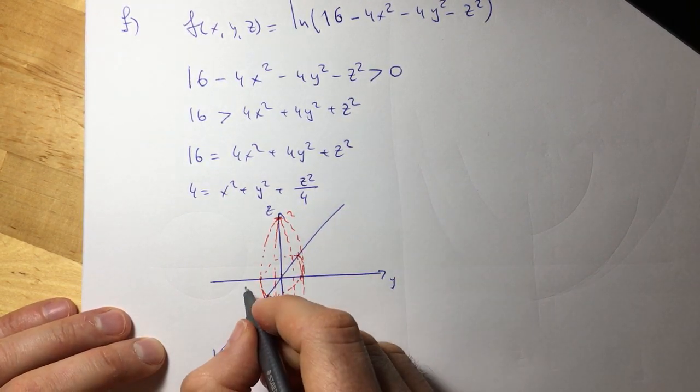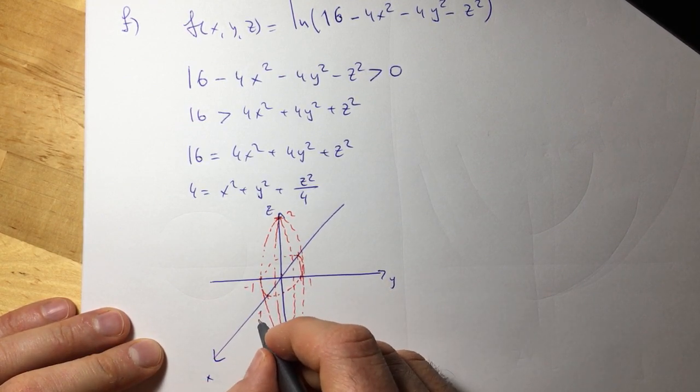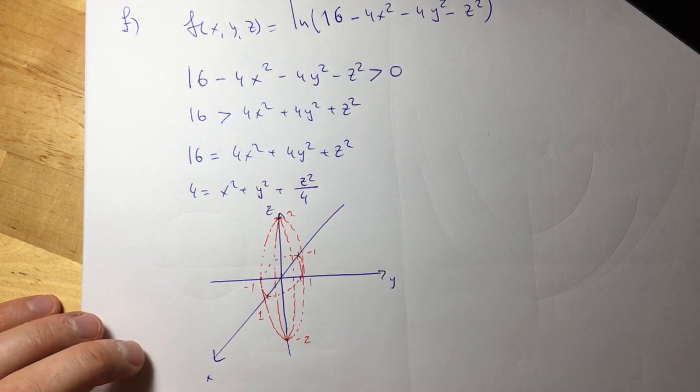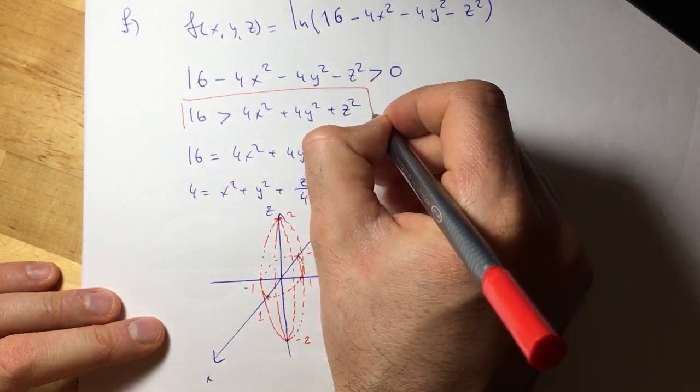Okay, so this is negative 1 and 1. This is 1 and negative 1 and 2 and negative 2. Okay, so now choose any point and check whether it satisfies this inequality.